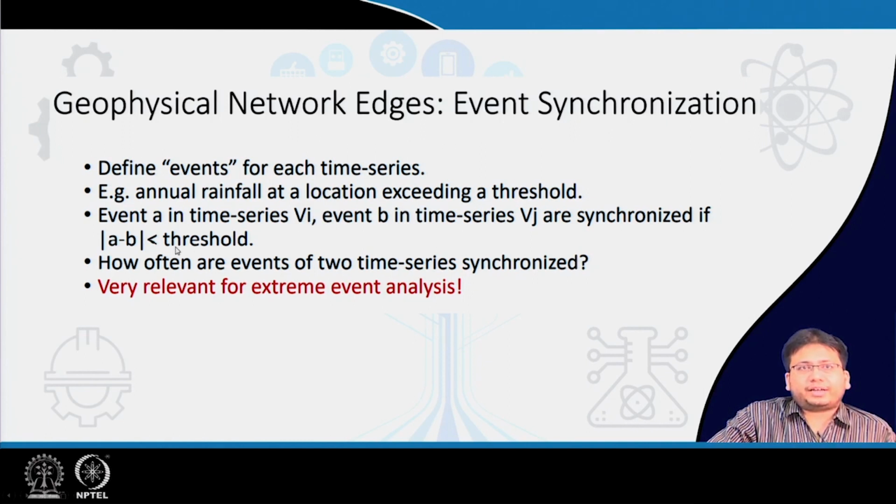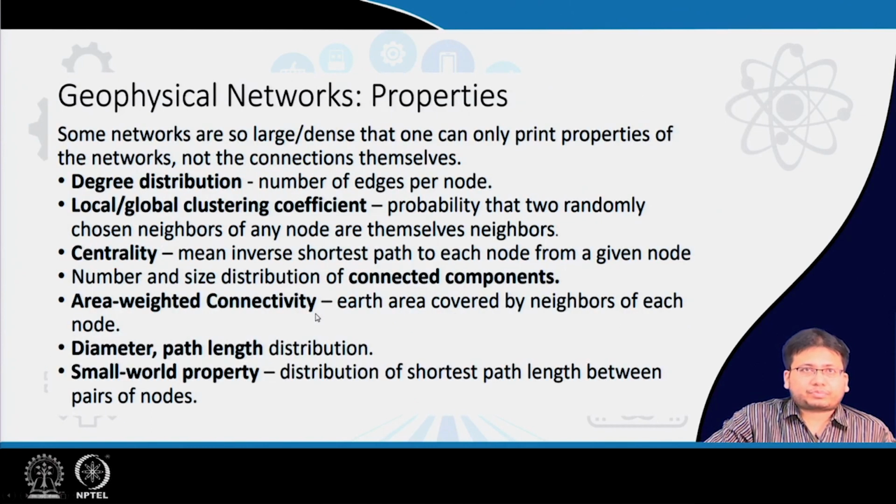So, for event A in time series Vi and event B in time series Vj, we say that these two events are synchronized if the temporal difference between them is within a threshold. Then the question might arise: how often are the events of two time series synchronized? This is very relevant for extreme event analysis.